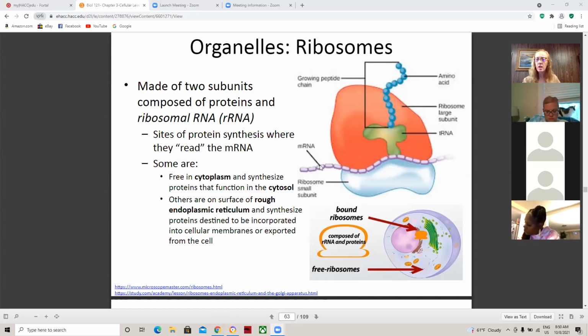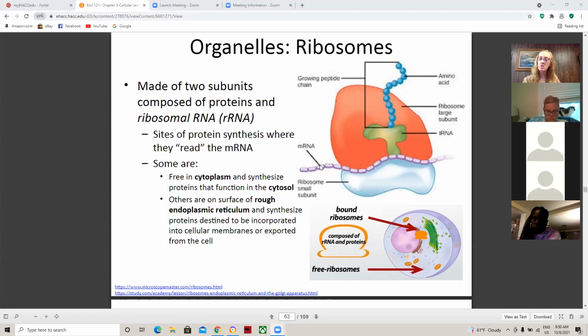So when DNA is expressed into a protein, first the DNA is converted into an mRNA sequence in the nucleus. And then the mRNA sequence leaves the nucleus and enters the cytoplasm.